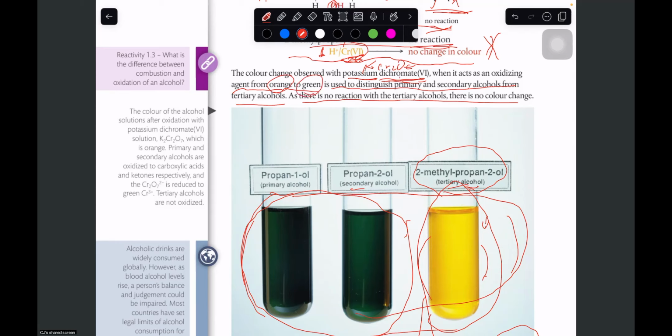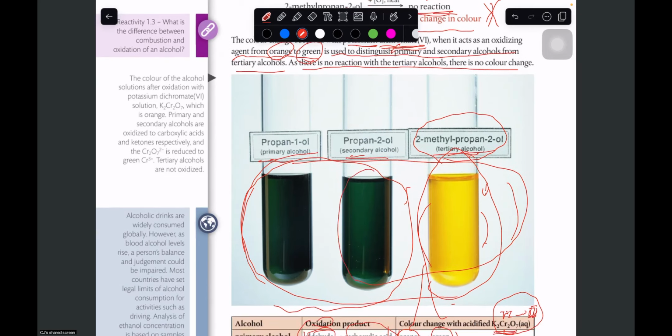So we can use this one to test the different kinds of alcohols, for example, the primary, secondary, and tertiary alcohol. We mix them together with the dichromate, and we provide heat to them.